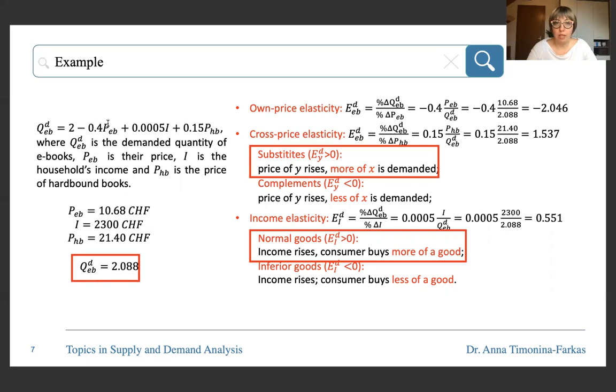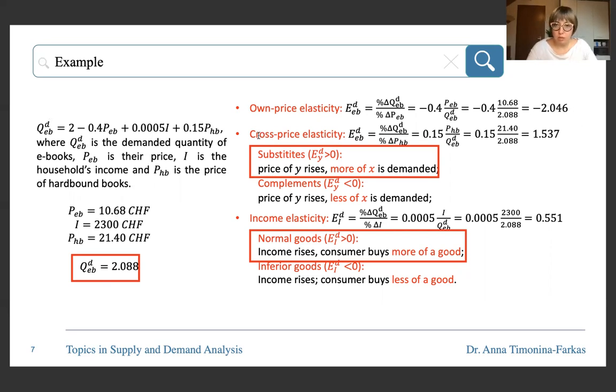In the own price elasticity case, the tangent is equal to minus 0.4, and the point is given to you. So this is the point. You place it inside of the function and get the number of electronic books which will be purchased. And you compute it just by plugging in. You receive minus 2.046.